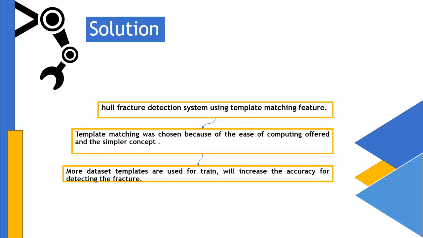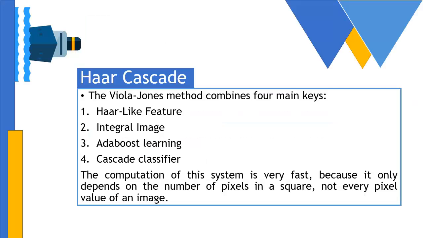Template matching was chosen because of the ease of computing offered and the simpler concept. The more dataset templates are used for training, the higher the accuracy for detecting the fracture. Actually, the hull cascade is a kind of Viola-Jones method which combines four main cases.